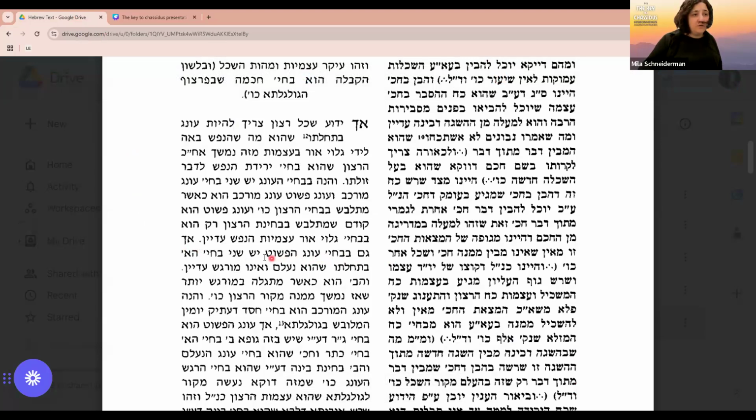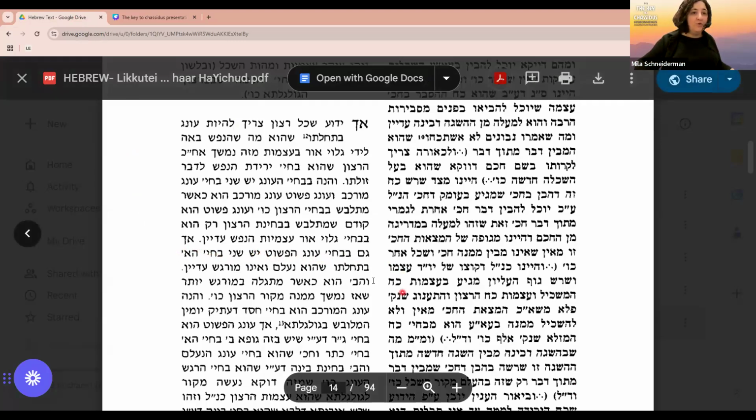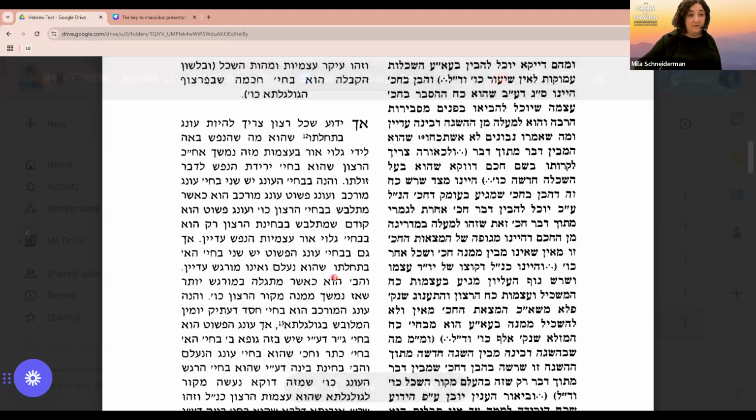Gam b'bchinas oneg hapashut, even in this simple oneg, yeshnei b'chinos, there are two levels. Ha'alev u b'tchilasei, in the beginning, the first one is ne'elam, that's hidden, meaning hidden from him. It's his super consciousness, super unconsciousness, whatever you want to call it, that he's not even aware of.